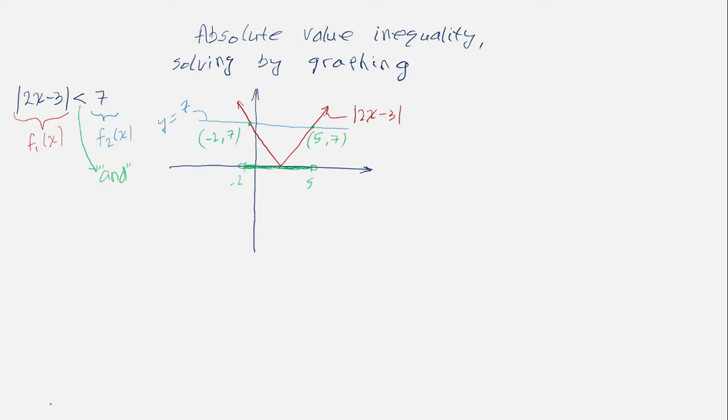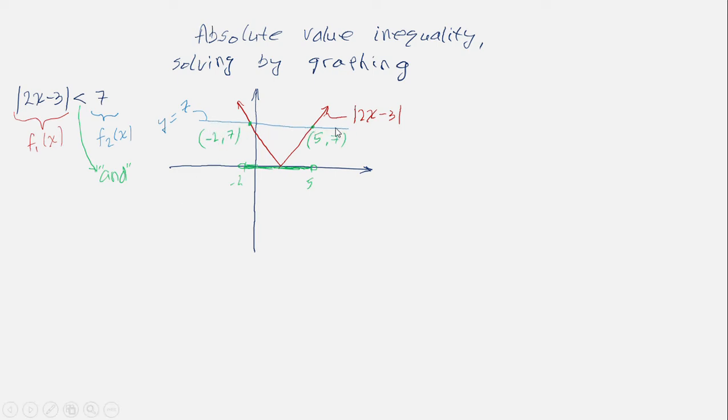Another way to think about this would be like this. It says here that the absolute value, which means this V-shaped graph, the red one, is less than 7, less than this line right here, 7.